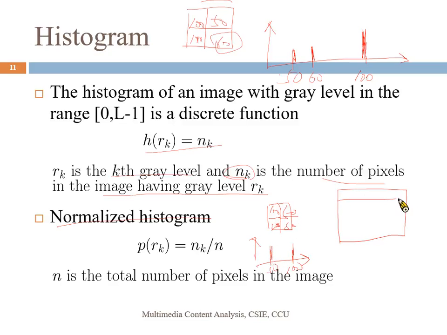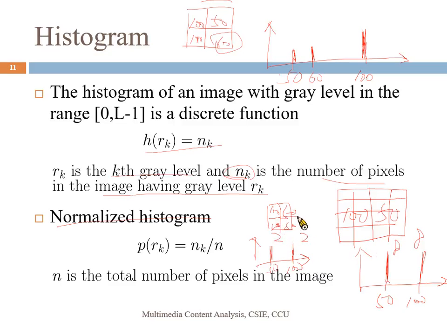But for the large image, if we have 16 pixels, and half of them have 100 intensity and half have 50 intensity, then if we construct the histogram, at 100 we have 8 pixels, and at 50 we also have 8 pixels. But here we only have 2.